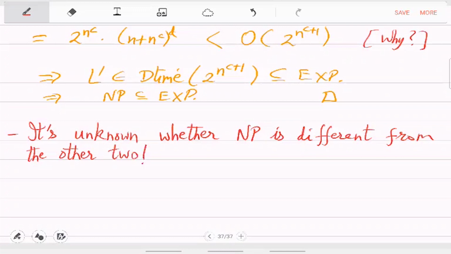So you can ask whether P is strictly smaller than NP, and you can ask whether NP is strictly smaller than EXP. That's the conjecture which usually we make, that NP is strictly between P and EXP. Not all problems of EXP can be solved in NP, and not all problems of NP can be solved in polynomial time.